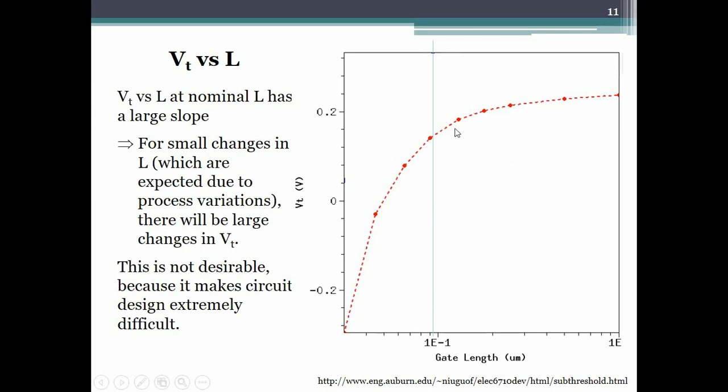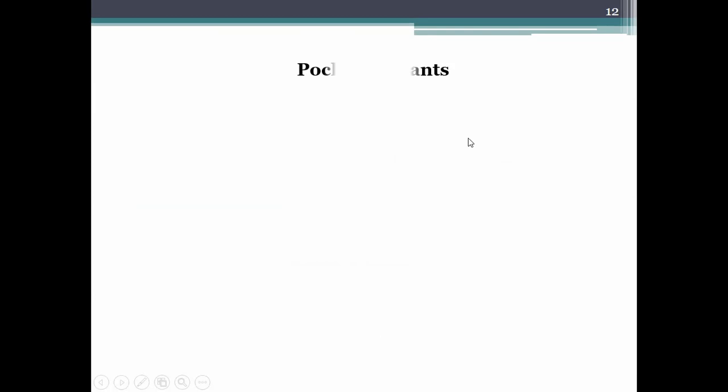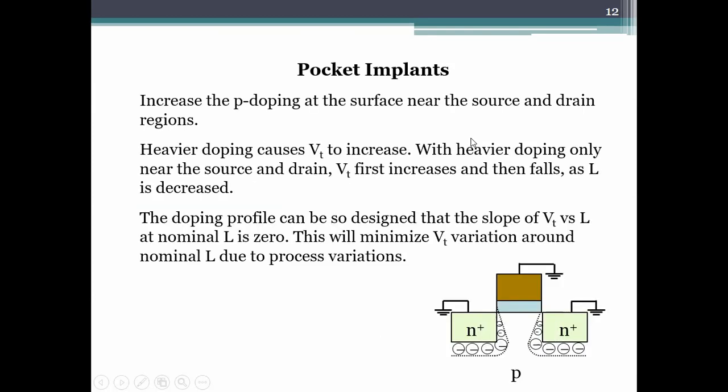So the solution to that problem was that people figured out that if we have the acceptor doping near the source and drain, here, only at these corners, not throughout the region, but only near the corners here and here, if that is made higher, then this is how the depletion layer would look like when no voltages are applied.